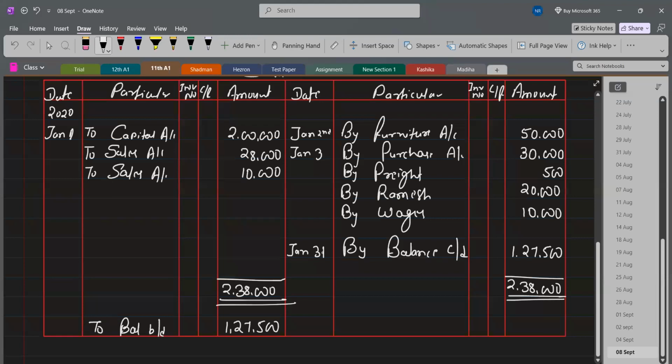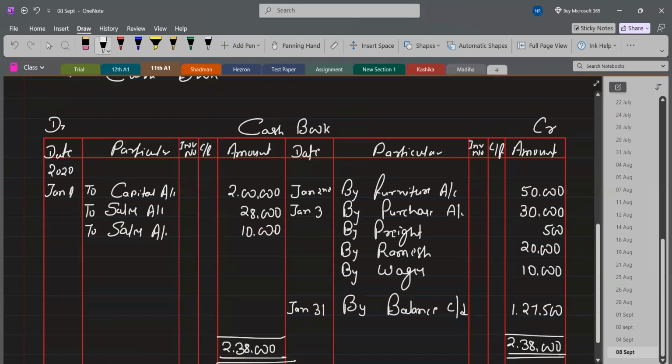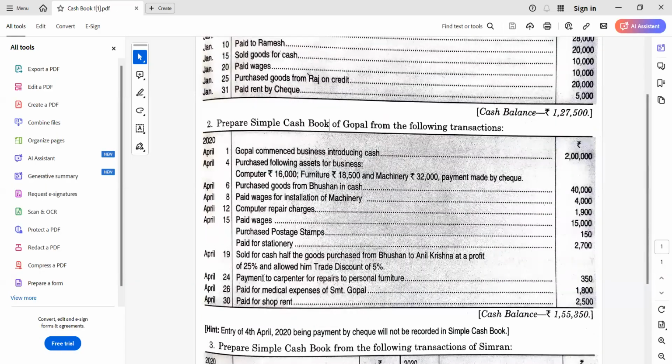So this is how you have to solve a question of single column cash book. If you want to write it, please write it down. And if you don't want to write it, then solve question number 2. But do it fast.